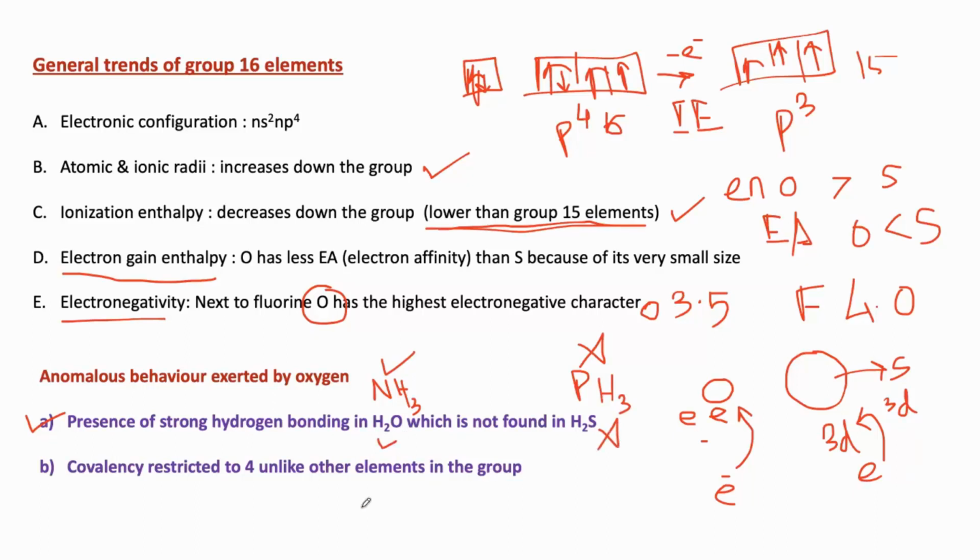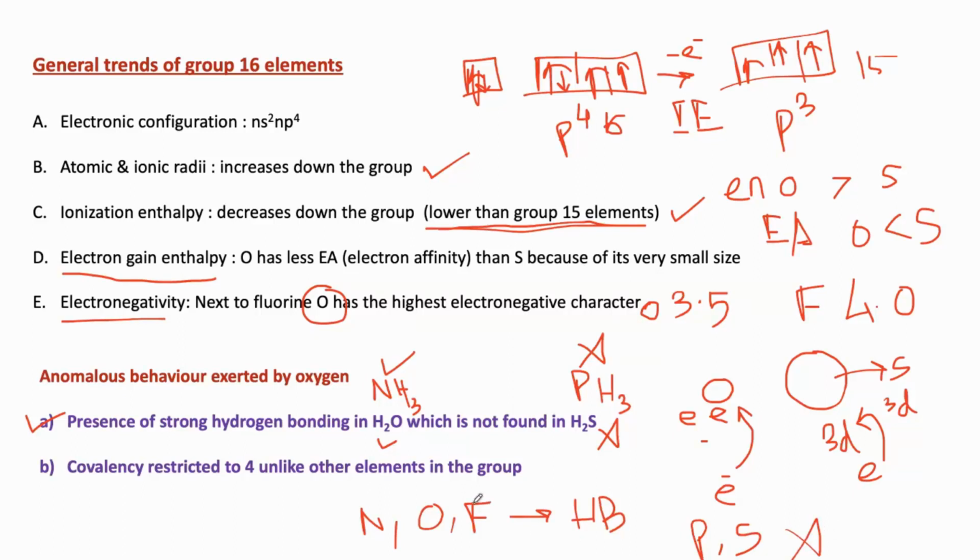I have told you N, O, and F are the three basic elements that are able to form intermolecular, or you can say intramolecular, hydrogen bonding. Phosphorus or sulfur are not able to form hydrogen bonding because they have quite large size and very low electronegativity.